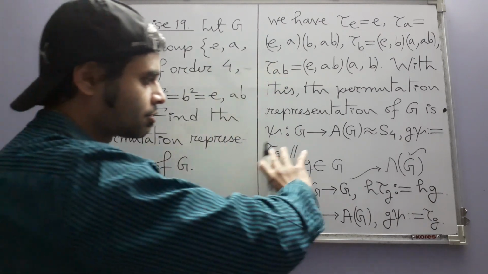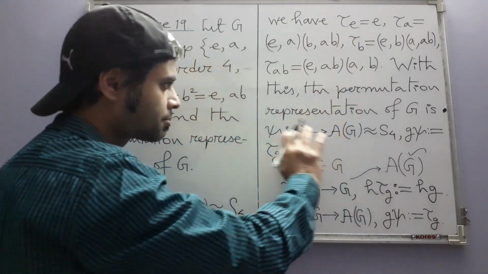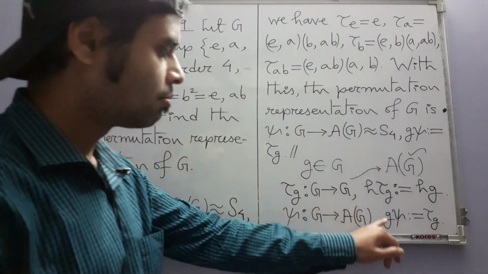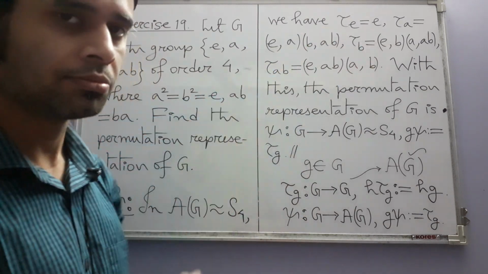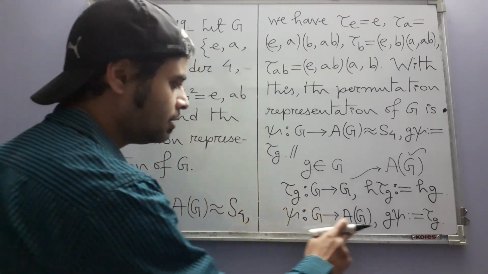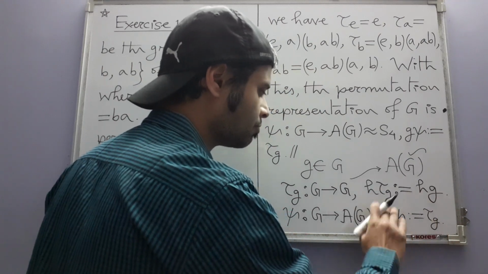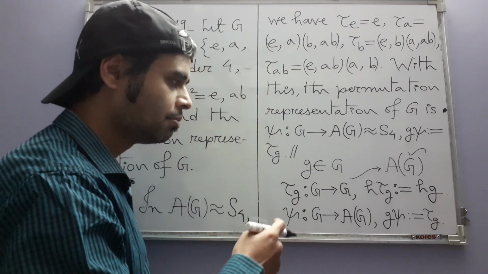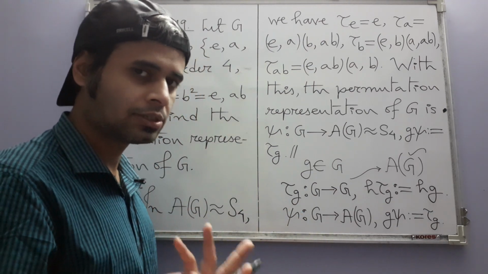So if we try to see what went on here in this specific case for this specific group, let us try to see what actually, how are we getting these maps tau g for each group element. So tau e means what? Tau e would do what? When you apply tau e to a group element g, you are going to multiply g by e from the right side, which actually is going to change nothing.